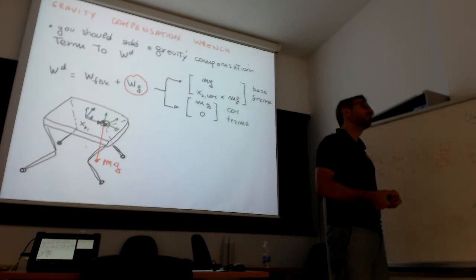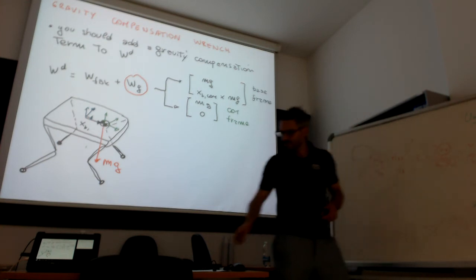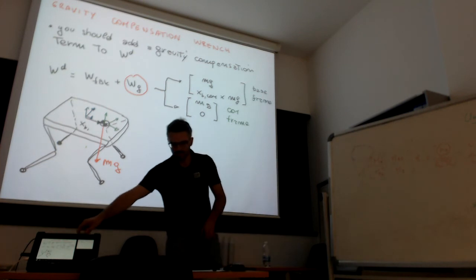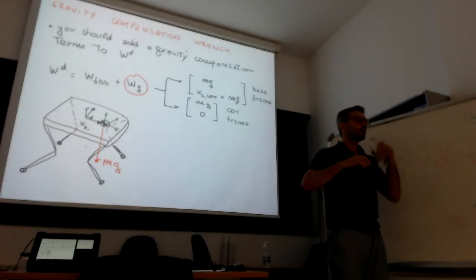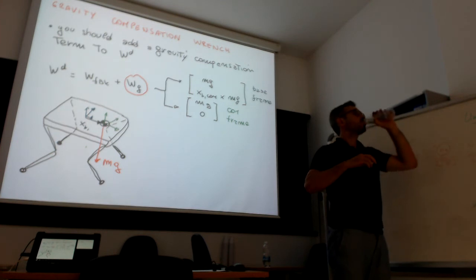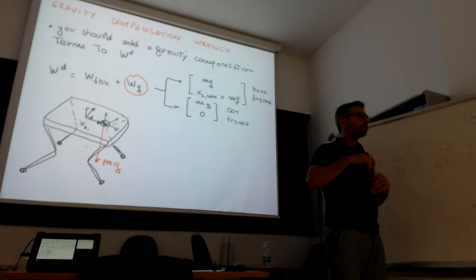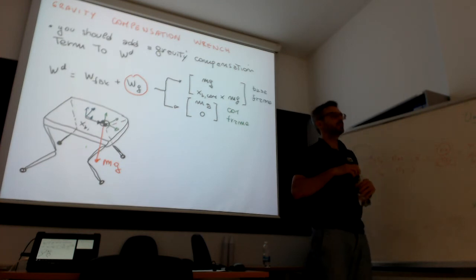On that, let's say, the similar case. Let's say if you have your base on the ground and your leg up in the air, actually using the normal gravity compensation will compensate just the gravity on your links, on your legs.